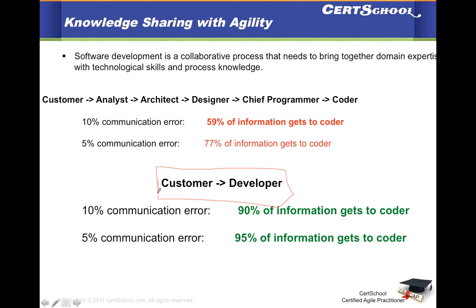A lot of people argue that developers do not have the ability to talk to customers, or they don't speak the same language. There is another aspect of agility which talks about how you form a team.